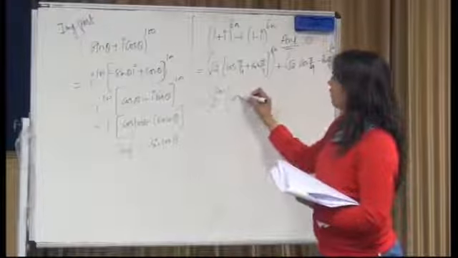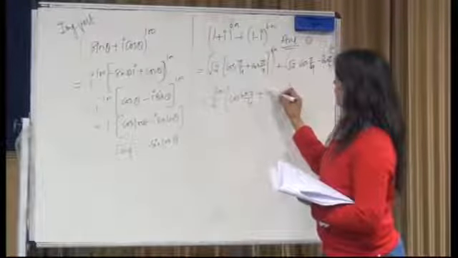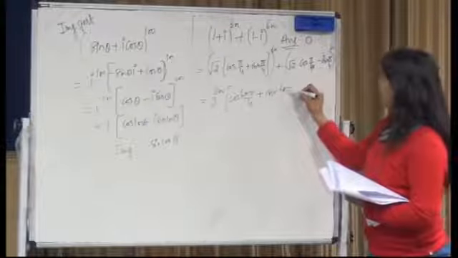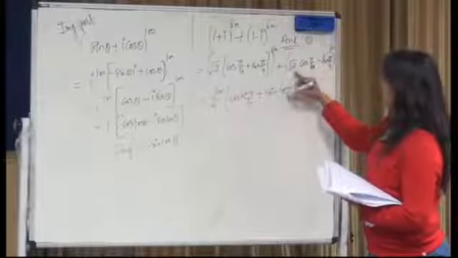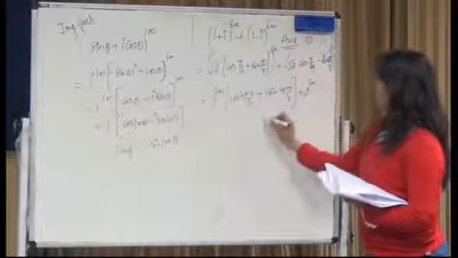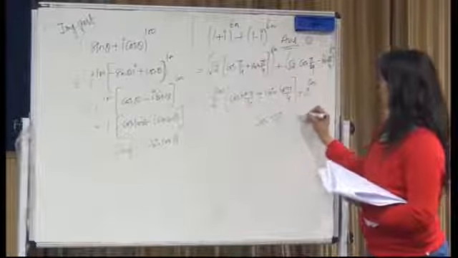So cos of 6n pi by 4, then iota sine 6n pi by 4. This we can take out common even. Then from here also 2 to the power 3n, and then again de Moivre's theorem, 6n pi by 4 minus iota.